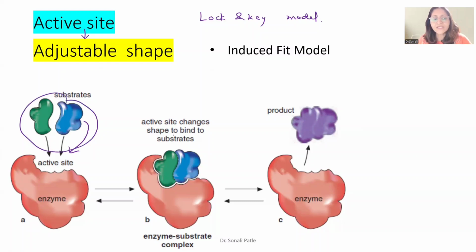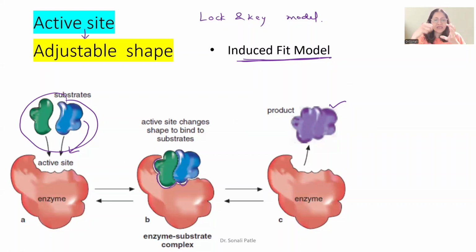Now this active site will change its shape a little bit to adjust the substrate so that it can convert it into the product. Which means what happened? Your active site has been modified a little bit. So this is what we call the induced fit model.